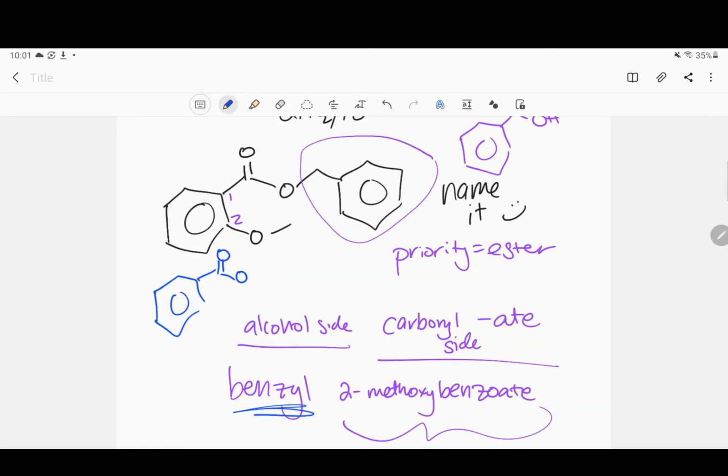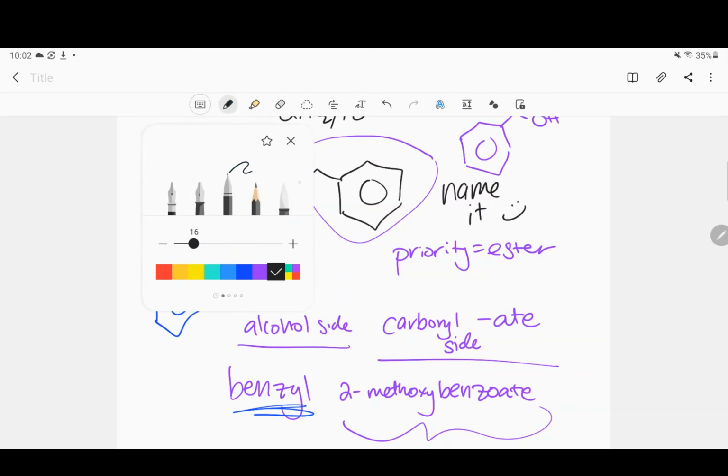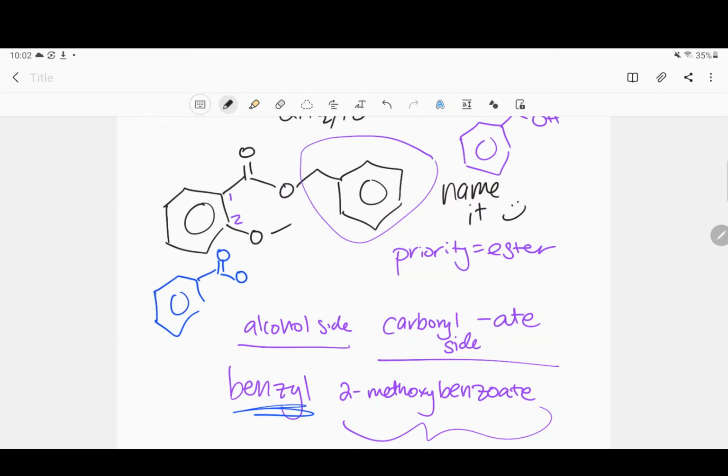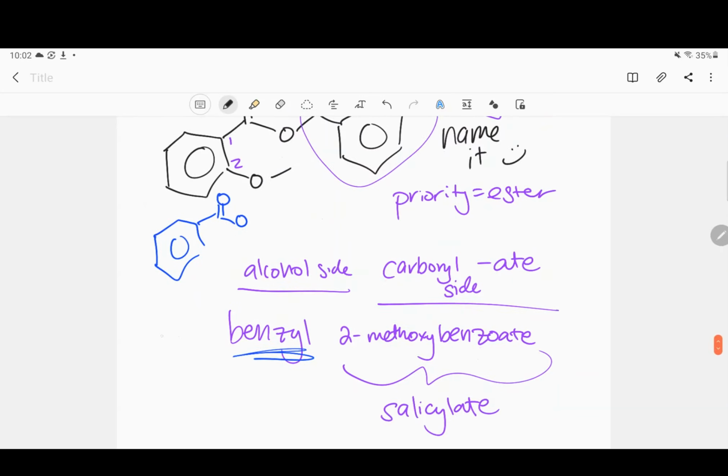Making it into an ester, you get benzoate, and then you just have to put your substituents on and name them accordingly. And if we had something like a chlorine on there, we would also include that as part of that ester.